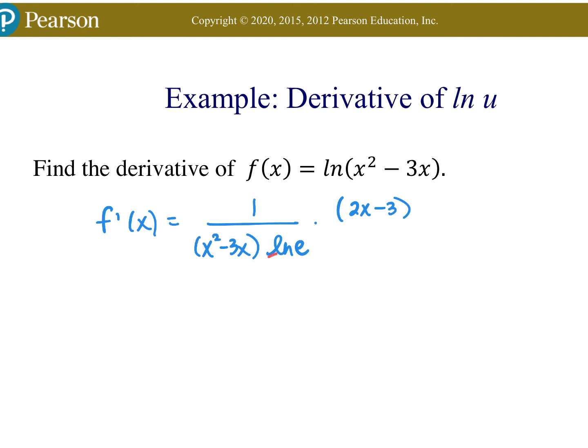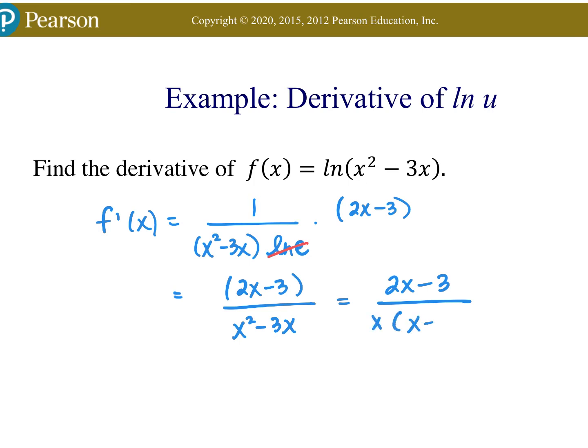And we'll simplify, knowing that the natural log of e is 1. And so I'll have, excuse me, not 1 over, I'll have 2x minus 3 over the quantity x squared minus 3x. Now it wouldn't hurt us to consider factoring the denominator, so I can take an x out, leaving me with x minus 3.